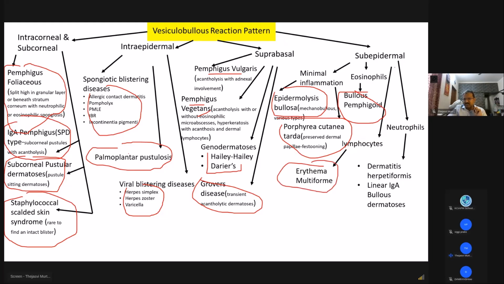And when you're seeing neutrophils, it is either dermatitis herpetiformis or linear IgA bullous disease. So all these form your various vesiculobullous diagnoses, which you can again narrow down by level of split. I think most of you would have already figured this out because it is in the standard textbooks, an algorithmic approach.